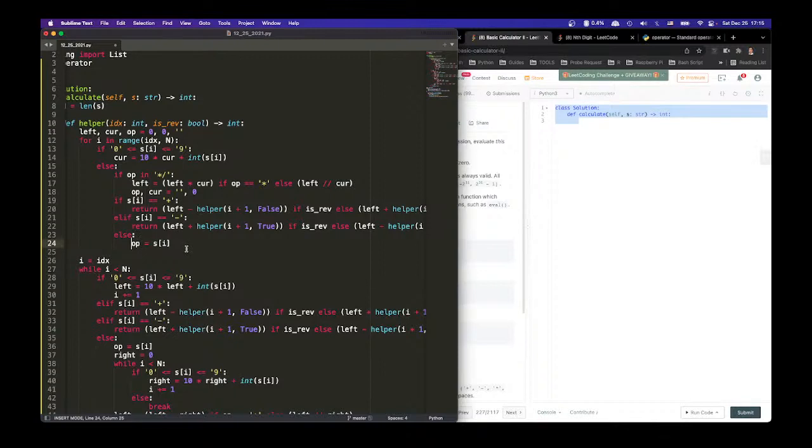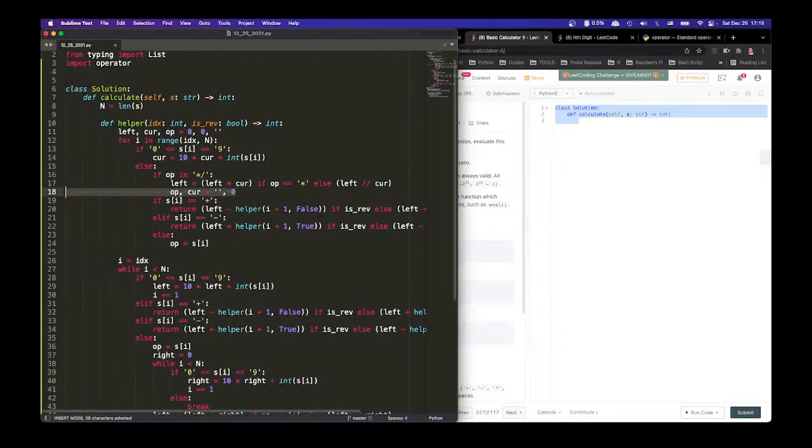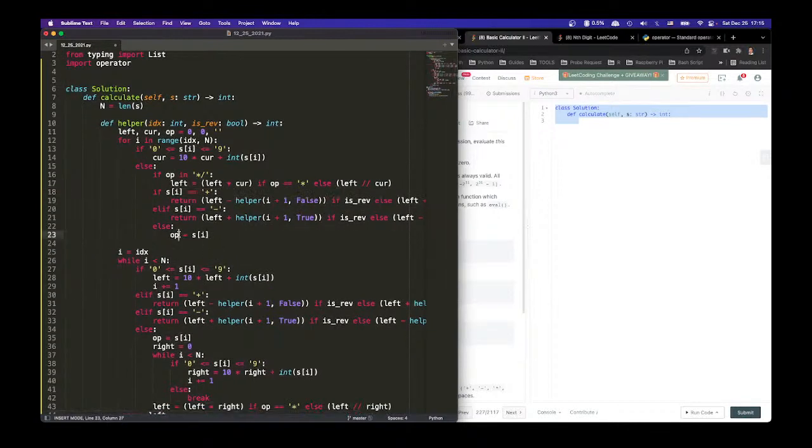Which basically means we don't need this line as well. We can just do it here, right? So we don't need this line. We can just say OP and current reset here, because these do not reset. So we do this to update the left, right? After updating the left, I check the current operator. If it's a plus, we do this. If it's a minus, we do this. And if it's none of these, that means it's multiply or division. Then we reset the operator, reset OP, and we reset current, right?